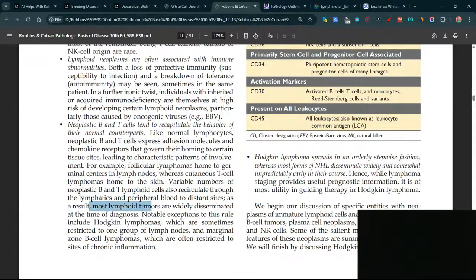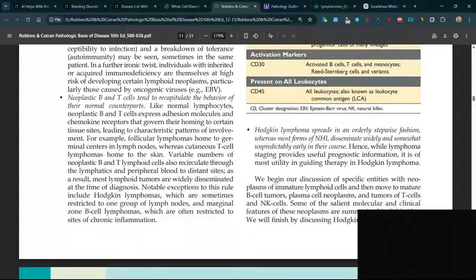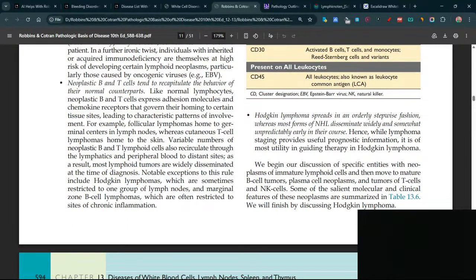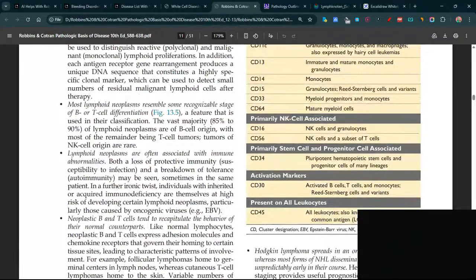As a result, most lymphoid tumors are widely disseminated at the time of diagnosis. Notable exceptions to this rule are those restricted to one group of lymph nodes, and marginal zone B-cell lymphoma, which is often restricted to sites of chronic inflammation.